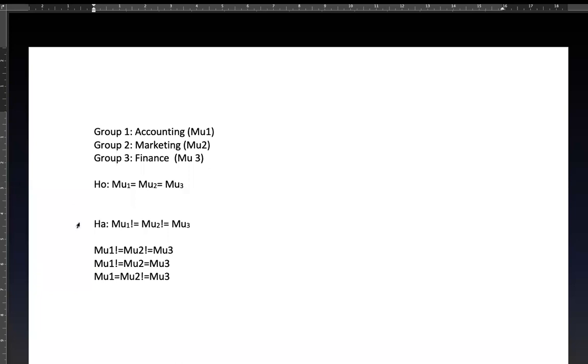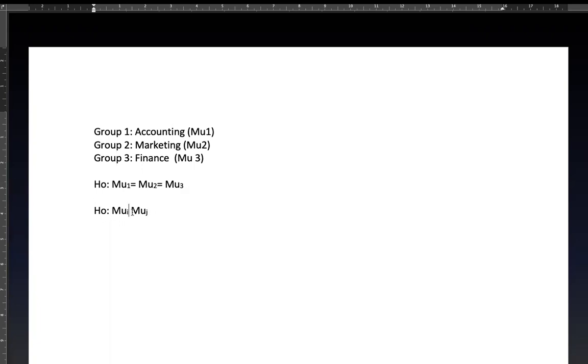Now if you want to be fancy mathematically, then we are interested in this. Our alternate hypothesis can be written in this way. Instead of 1, I'll use i, a subscript, and then I'll use j.